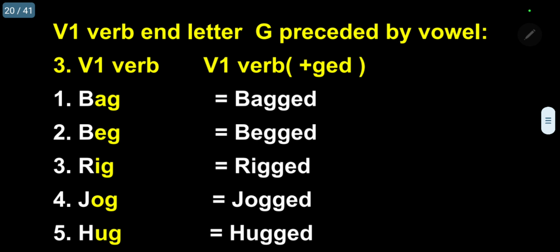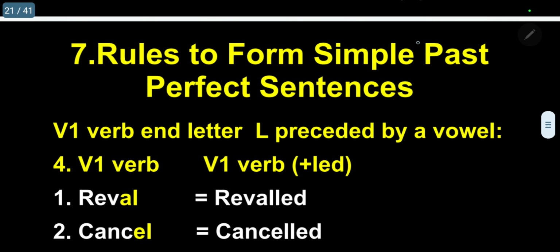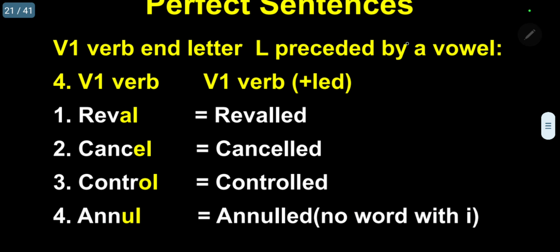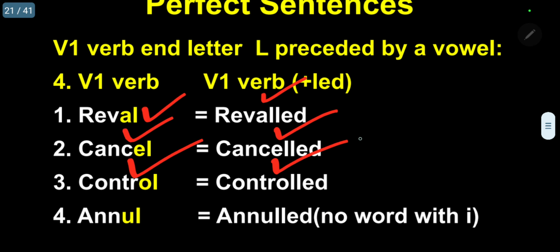Kindly follow. The same way, the next letter is L. In the case of L, as usual, we have to add LED. So reveal, revealed, double L. Conceal, concealed, double L. Control, controlled. Annul, annulled.